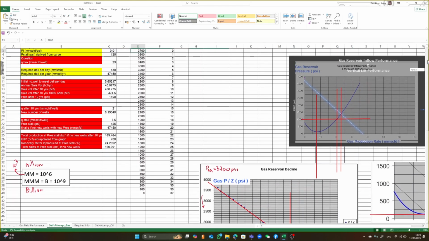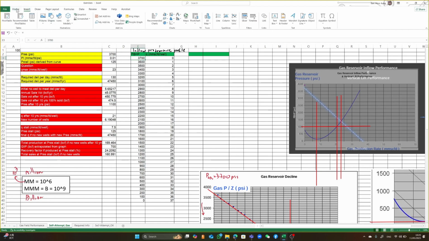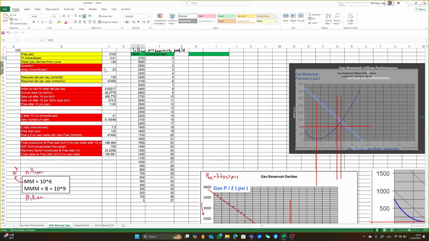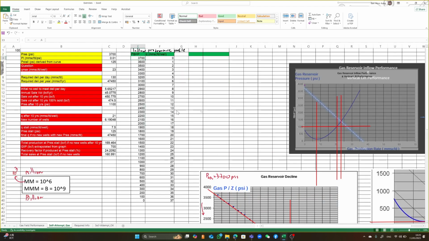So I have written down the maximum well flow rate, which is 23. I've written it down as 23 because I consider this intersection point to be more or less equal to 23, maybe slightly different with the decimal places, but I didn't want to complicate this, so let's just keep it as 23.